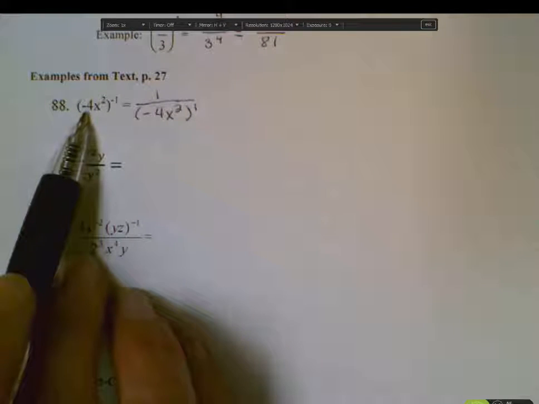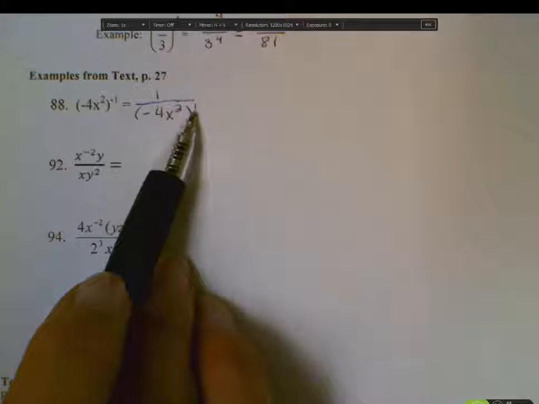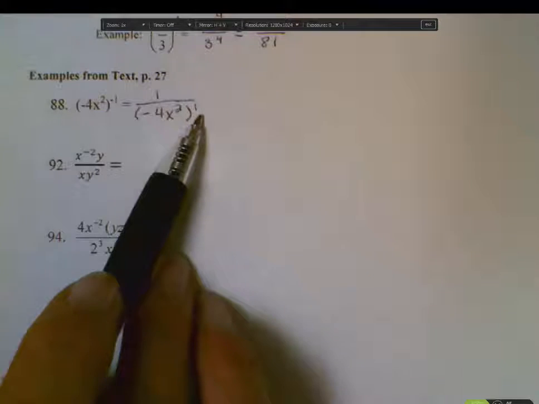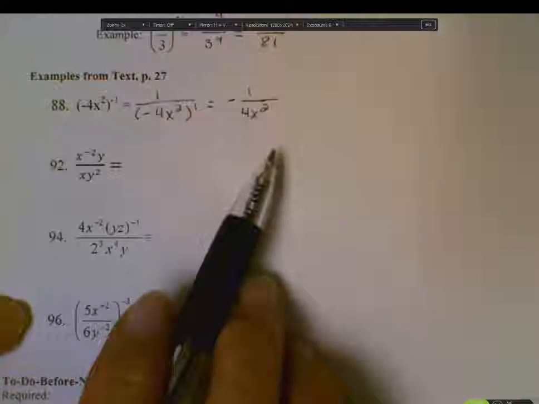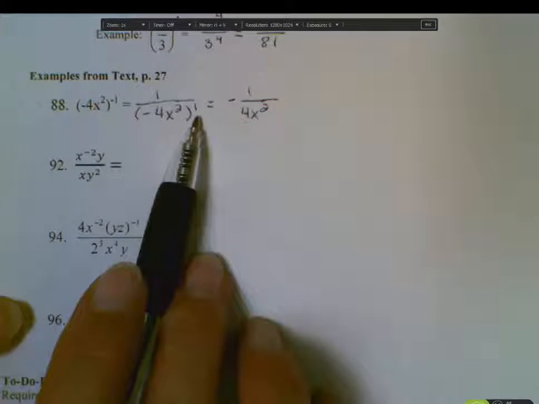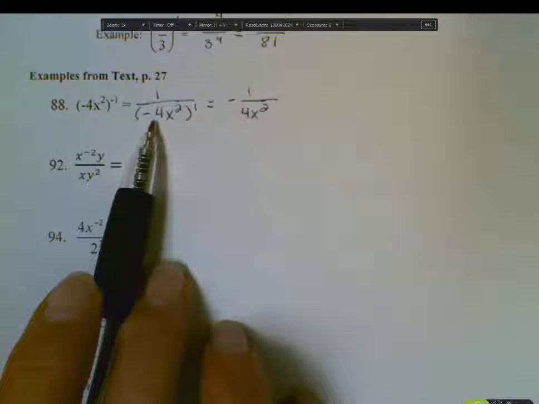Notice when I took the reciprocal of negative 4, it didn't become positive 4. I didn't change the sign of the base, I changed the sign of the exponent. And then, of course, negative 4x squared to the first is just negative 4x squared. So you really don't need those parentheses at all, and you don't normally leave a negative in the denominator of a fraction.